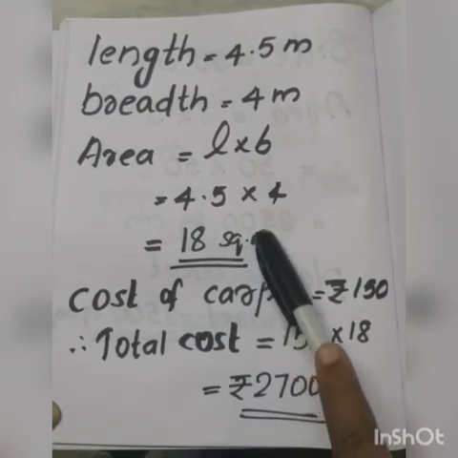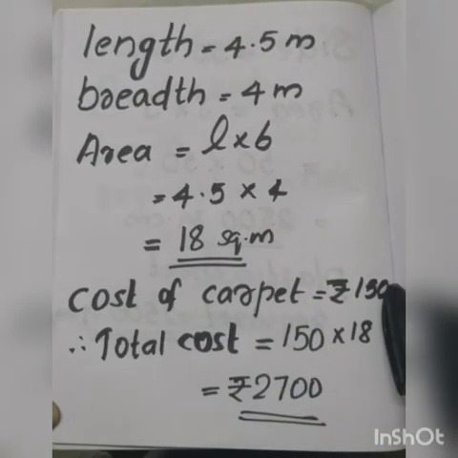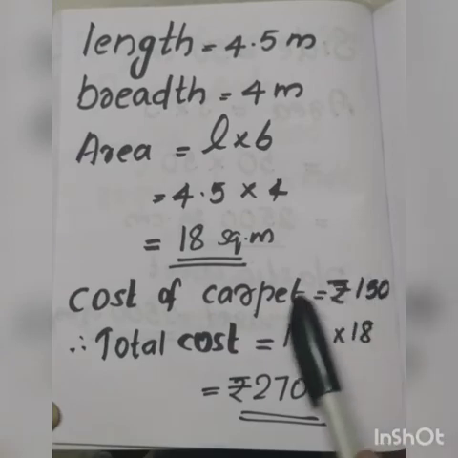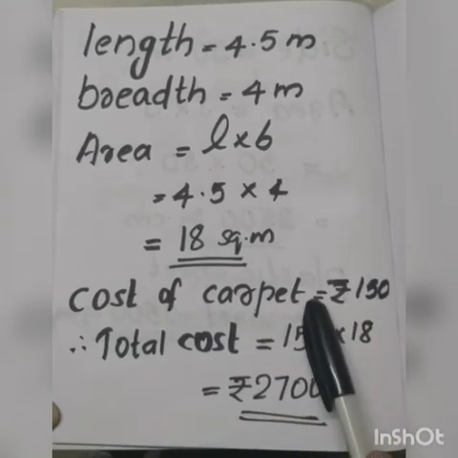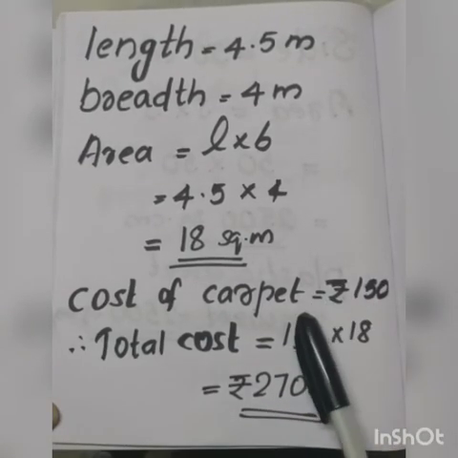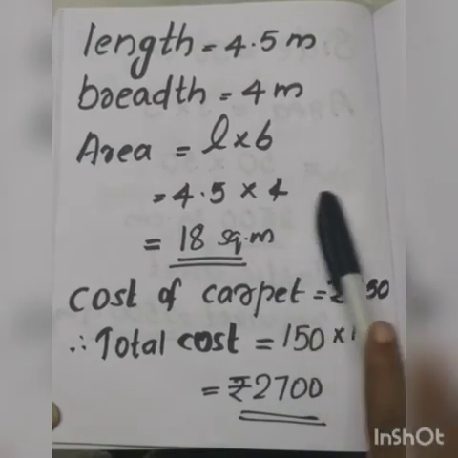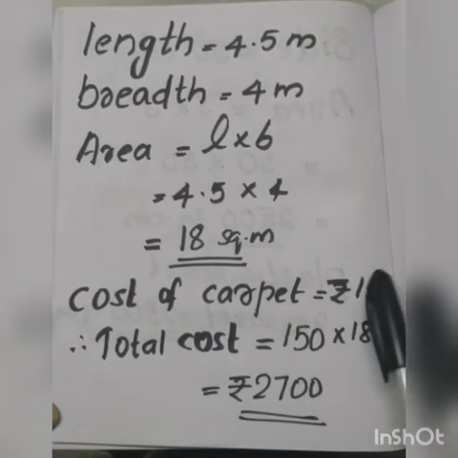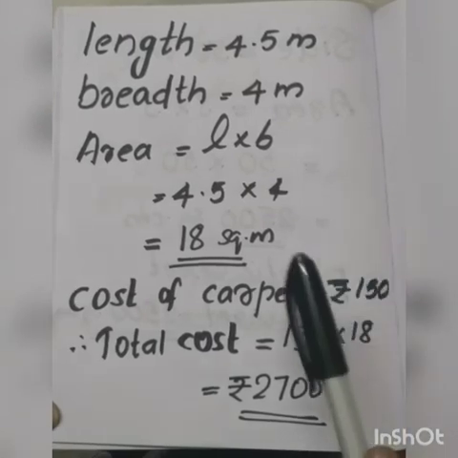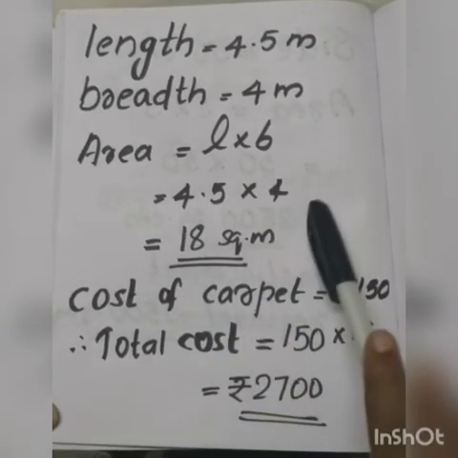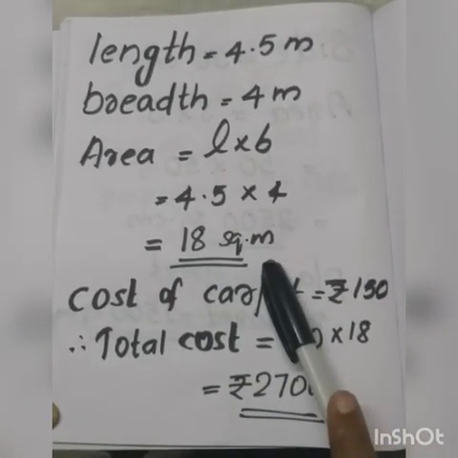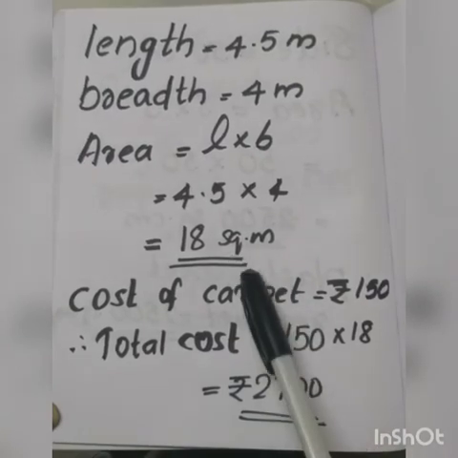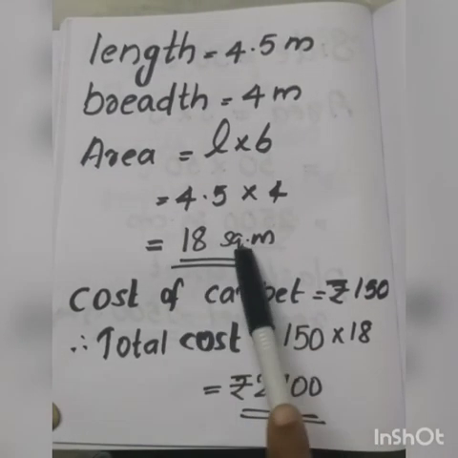Now one more question is given there. If the cost of the carpet per square meter is 150, so for 1 square meter of carpet, for how much rupees? Rupees 150. How much carpet we needed? 18 square meter carpet we needed. So we have to find out the total cost of this 18 square meter.